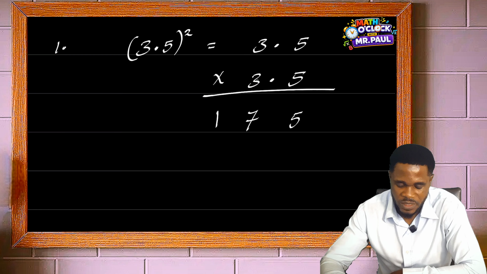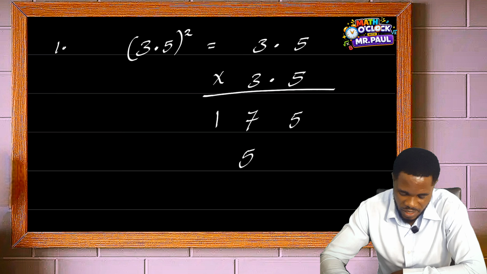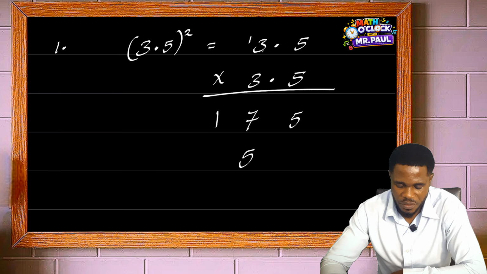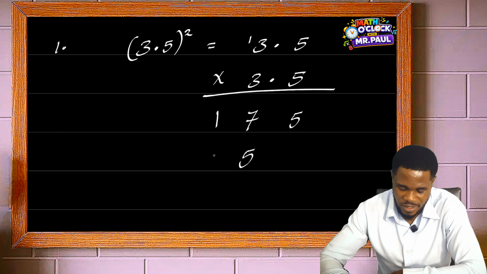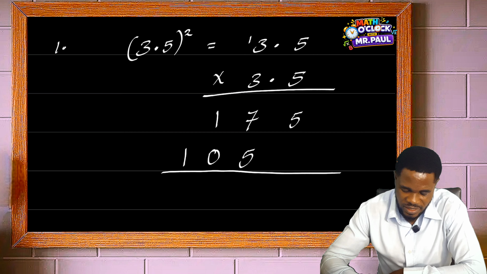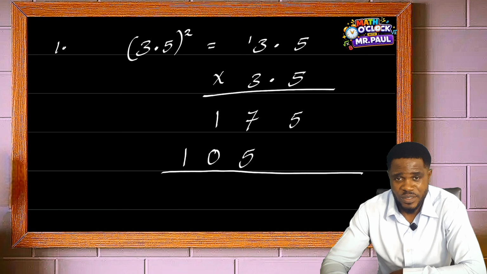So let's dive in. 3 times 5 will give us 15. Beautiful. So we write down 5 and bring forward 1. Then 3 times 3 is going to give us 9, plus this 1 which we brought forward, that's going to be 10. So we go ahead and write 10, placing each digit in the right place value.